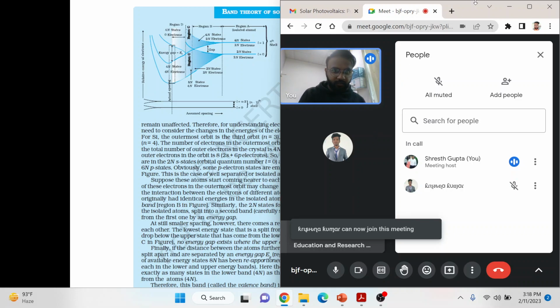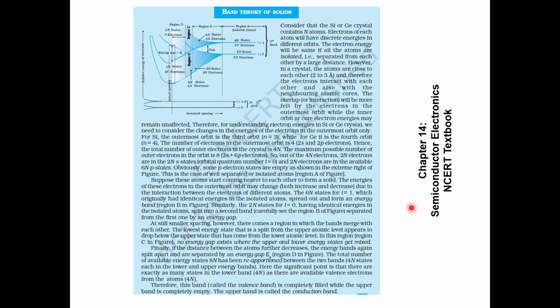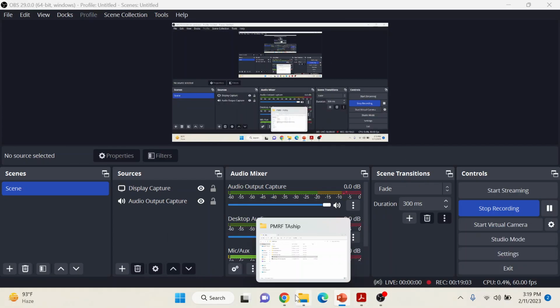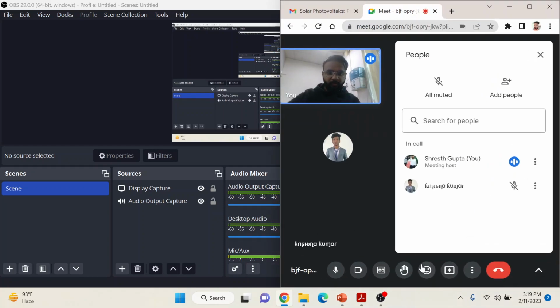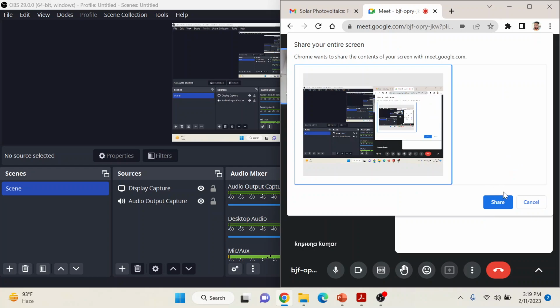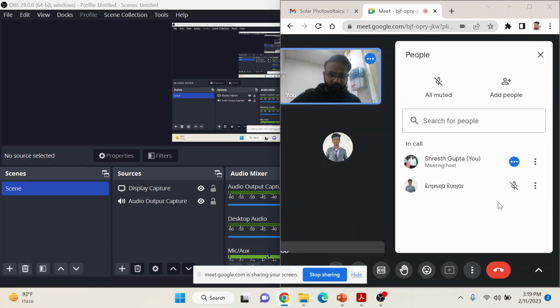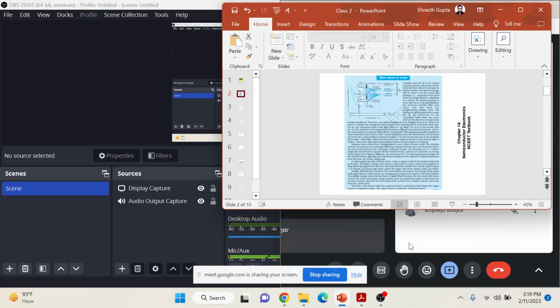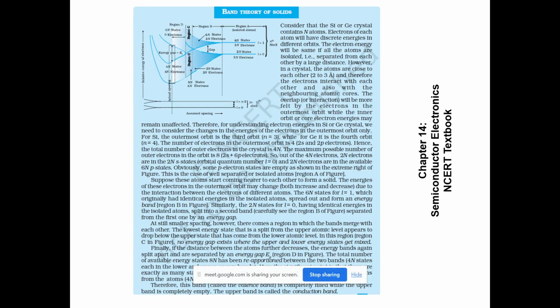Hello Krishna, you're late. Why do you join so late? Krishna, my computer is hanged. Just a minute. Okay. So, Krishna, am I audible? Krishna, am I audible? You can type in the chat box. Okay, so let's move further.